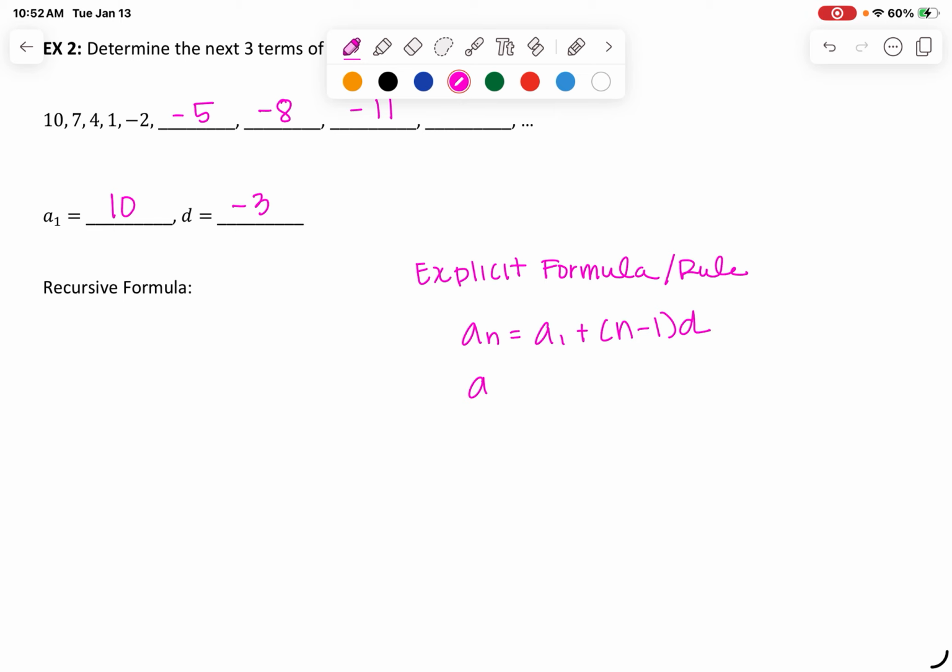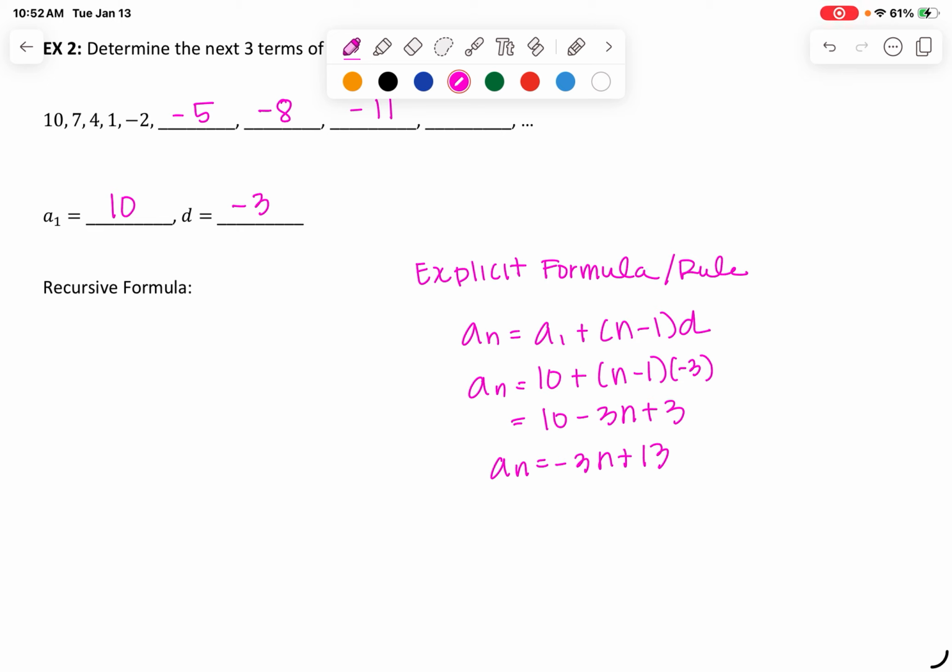Then a sub n is equal to the first term, which is 10, plus n minus 1 times the difference, which is negative 3. Clean that up, so it's 10 minus 3n plus 3. So a sub n is equal to negative 3n plus 13. That is an explicit formula or an explicit rule.